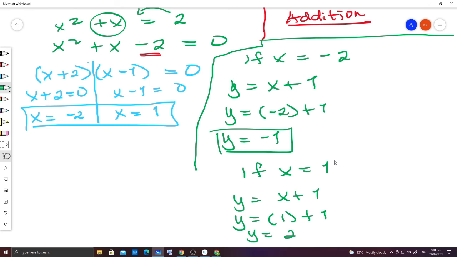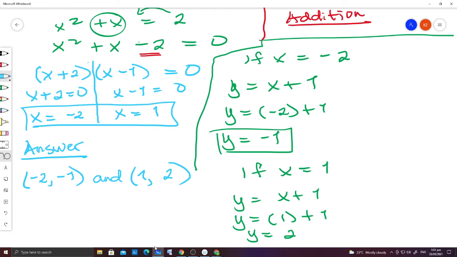So how are we going to write the answer? Set 1: if x is negative 2, your y is negative 1. And if x is 1, your y is positive 2.